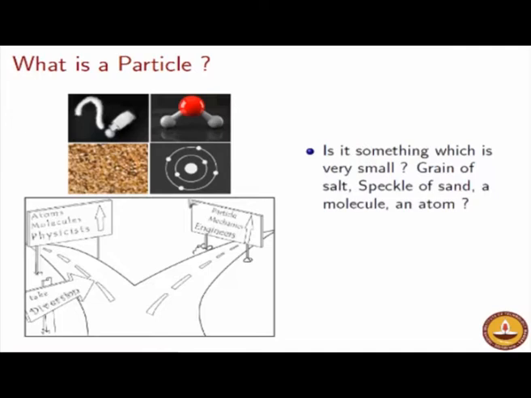But unfortunately, in the engineering context, particle does not mean something which is small. This is the first concept which I would like to emphasize, that when we say in engineering particle kinematics, as opposed to a physicist who says particle physics, that has a completely different connotation. Particle kinematics in the context of engineering means something else.